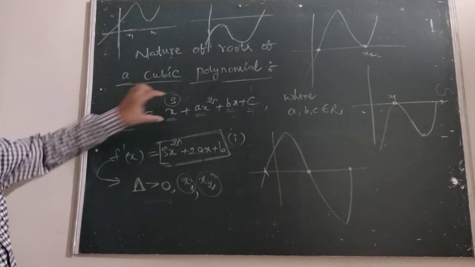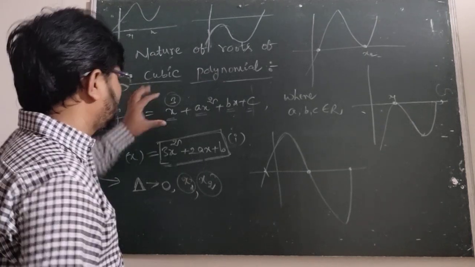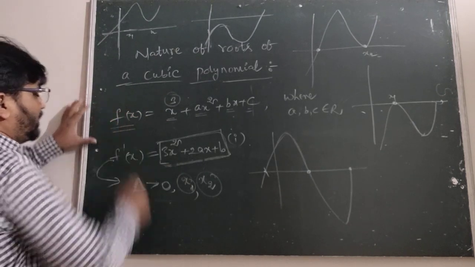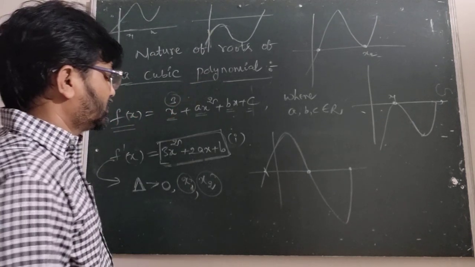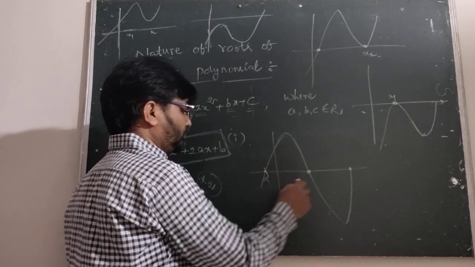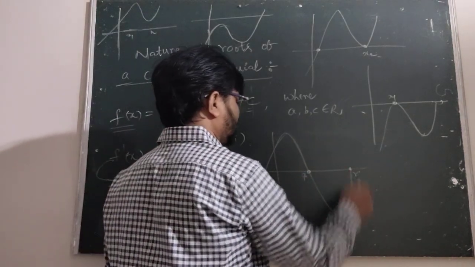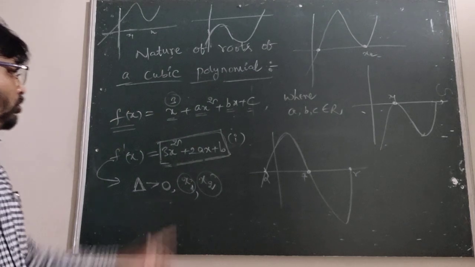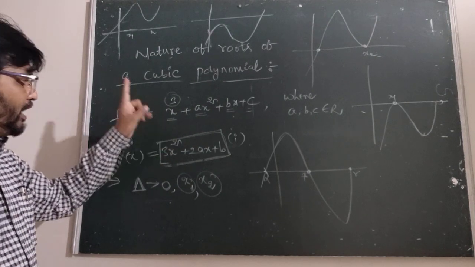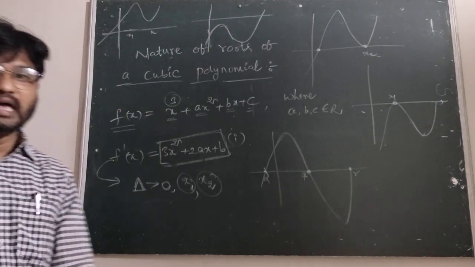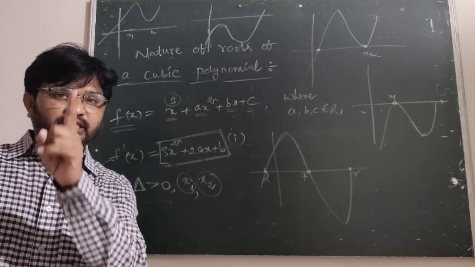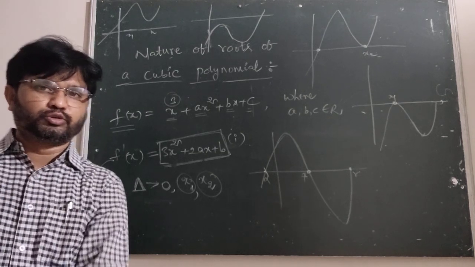But the cubic equation has three roots. Suppose we take them as alpha, beta, gamma.